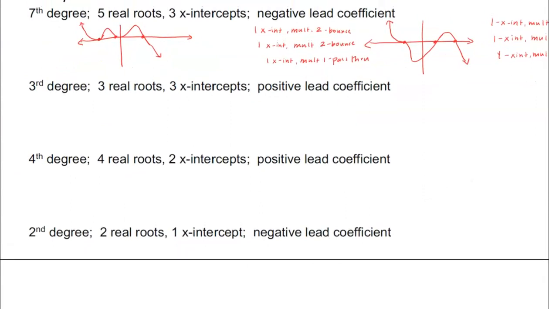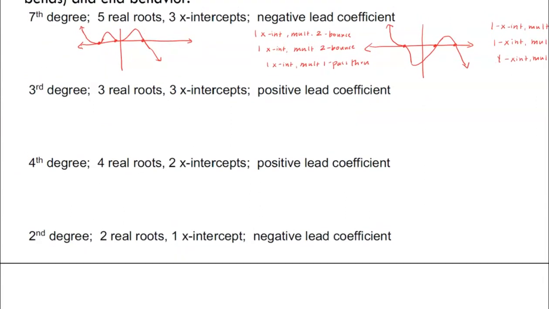Okay? Now, 3rd degree polynomial, 3 roots. So 3 real roots, 3 x-intercepts. That means all of the x-intercepts are just going to be pass-throughs. And once again, you can put those x-intercepts anywhere. I can put them all on the positive side. Doesn't really even matter.